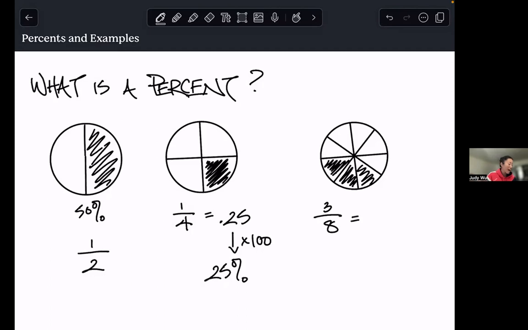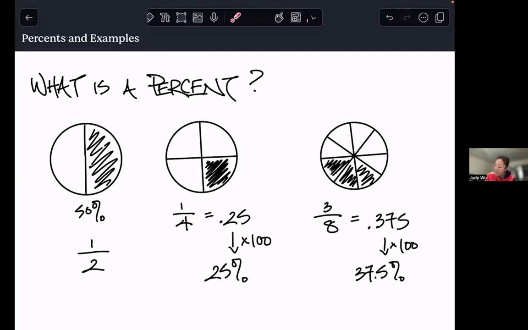If we put that into a calculator, 3 divided by 8 gives us 0.375. If we multiply that by 100, we get 37.5%.